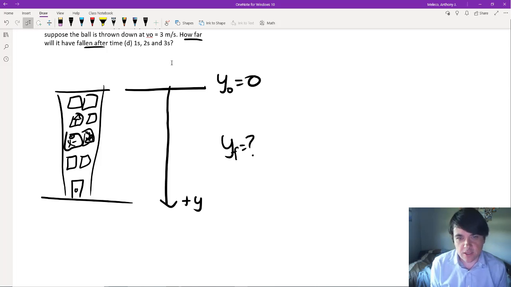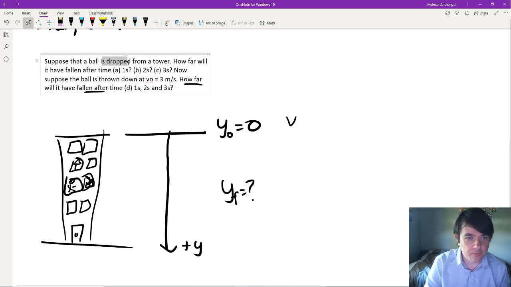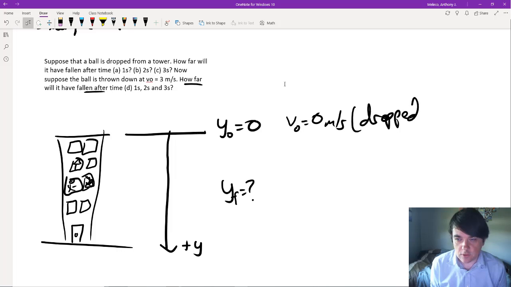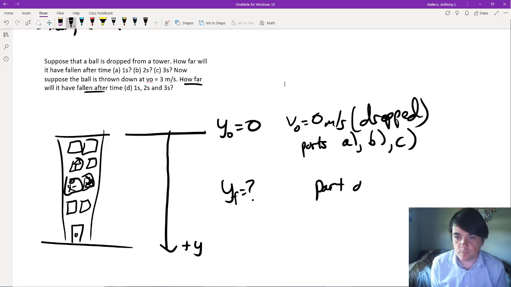And in the first case, dropped from a tower. Drop implies 0 meters per second. And this is for parts A, B, and C. Where part D actually says v naught equals 3 meters per second.